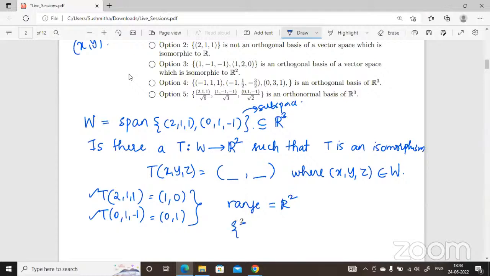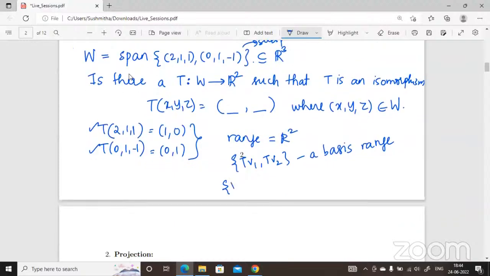Because I had told you, no, if V1, V2 is a basis for the domain, this implies TV1, TV2 is a basis for the range. And I want the range.